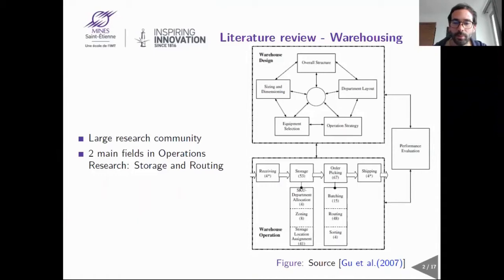For the operational part, there are two main topics that have been studied: storage, which is concerned with where to store the different items, and order picking, mostly the routing of the order picker to retrieve all the items of an order.